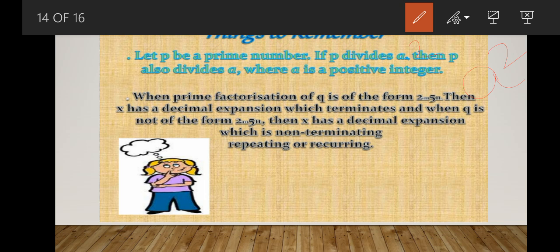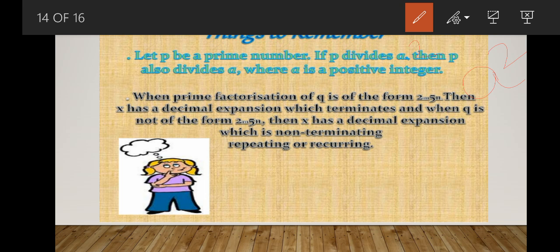In the same manner, if 5 divides 625, then 5 also divides 25. This is what the theorem says.